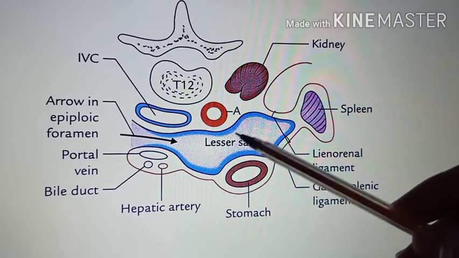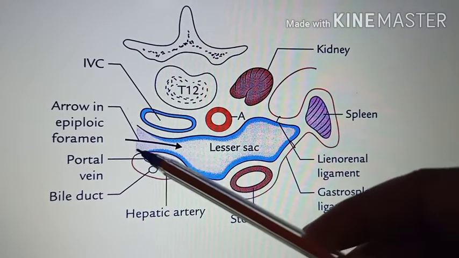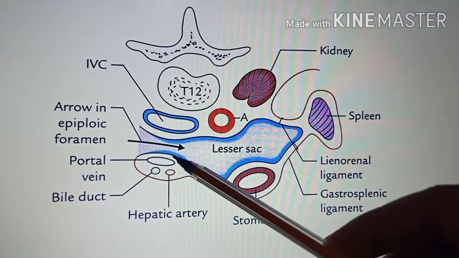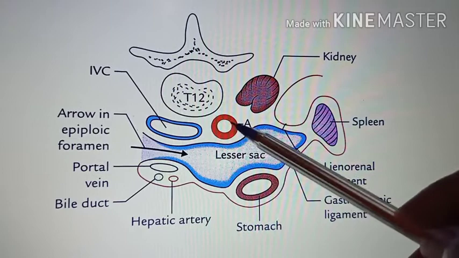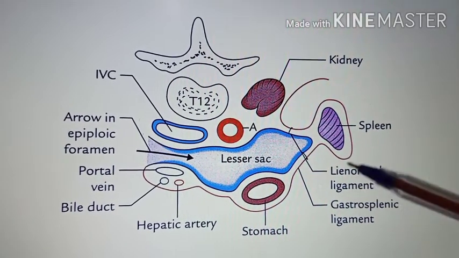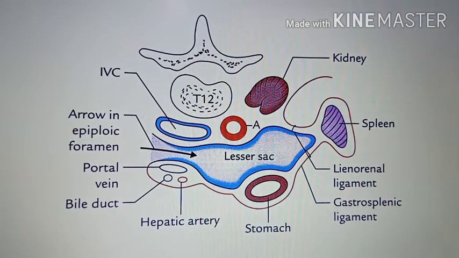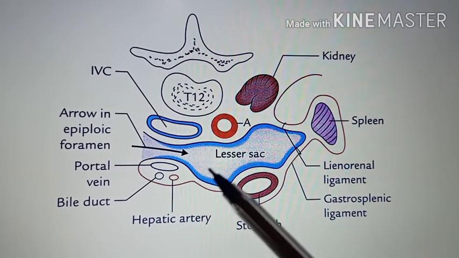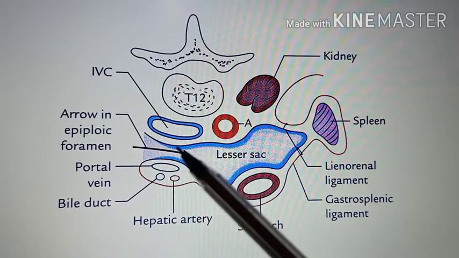This entire thing is the lesser sac, whereas this is the epiploic foramen, then inferior vena cava, aorta, then the vertebra. Okay, so here coming to the right margin, you are having the epiploic foramen.